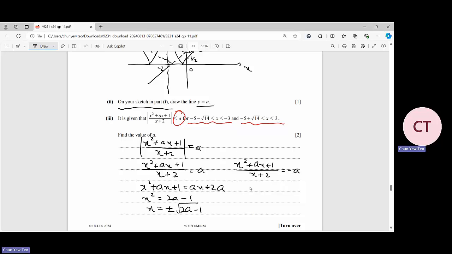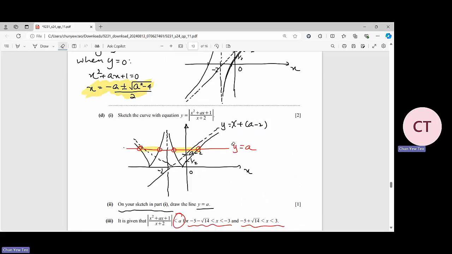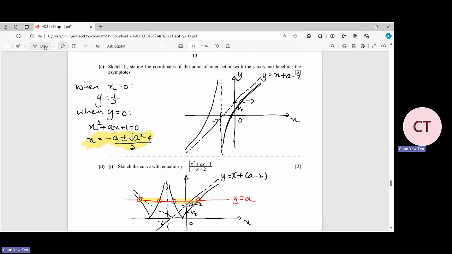Actually this one is not needed, because this is the original graph with a. If you refer to the original graph with a, it is like this.